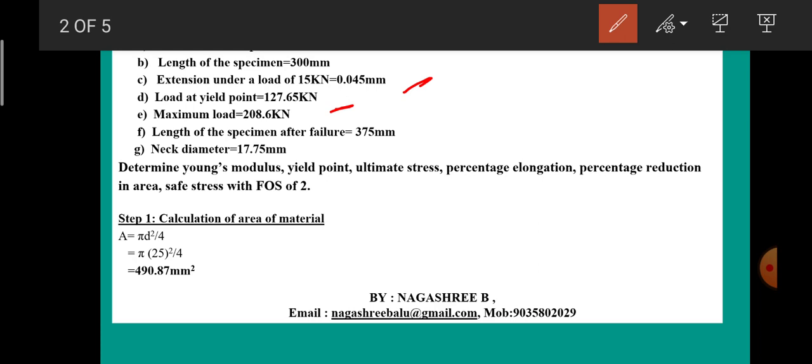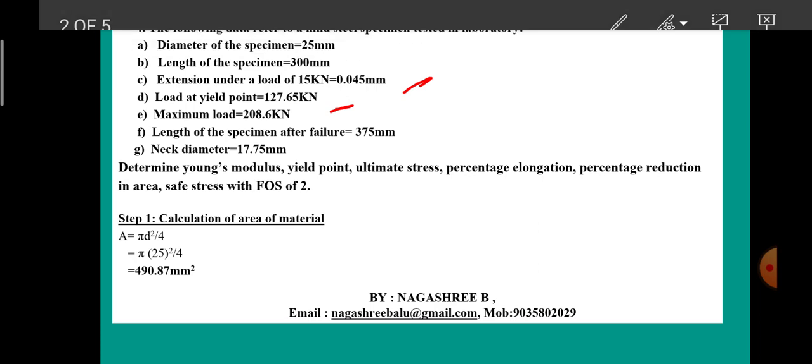This means the material starts to yield at 127.65, but loads below 127.65 are called elastic load. The Young's modulus has to be found within the elastic range. Therefore, in order to find the Young's modulus, we are supposed to take the load as 15 kilonewton itself.